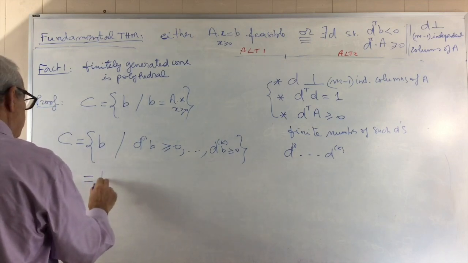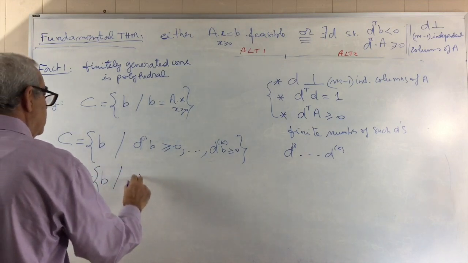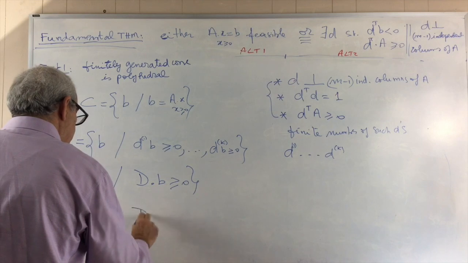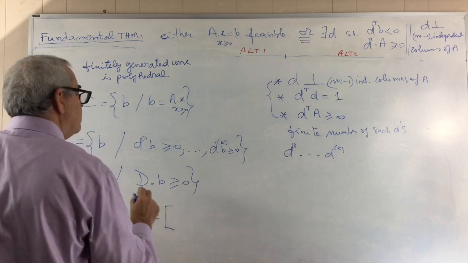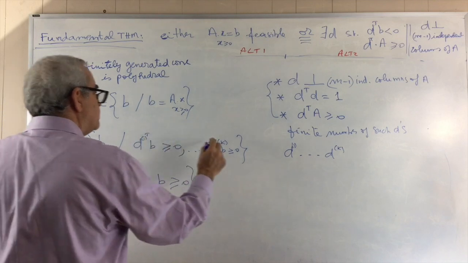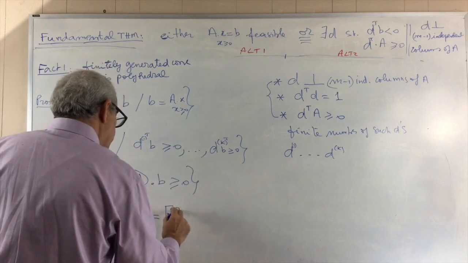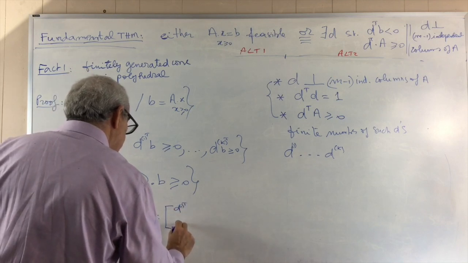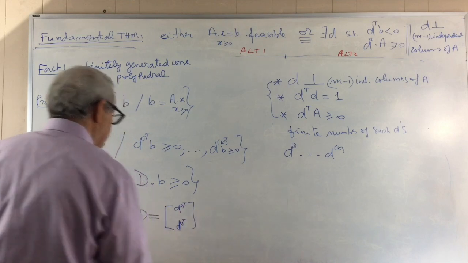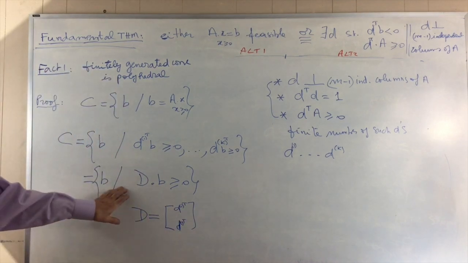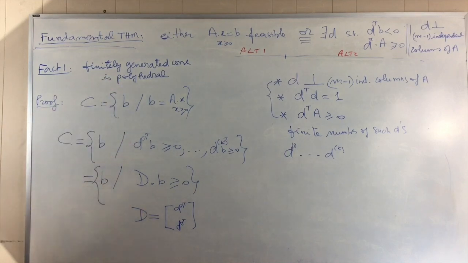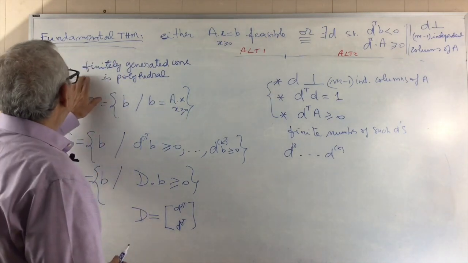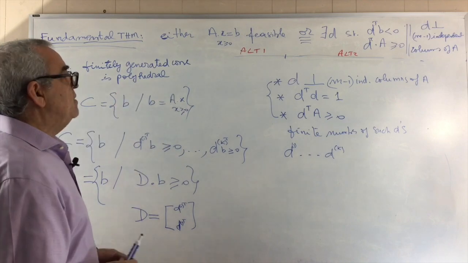This is the set of b such that D times b is greater or equal to 0, where D is just the matrix with rows d1 transpose, etc., dk transpose. And this is a polyhedral cone. Therefore we have proved that every finitely generated cone is polyhedral.